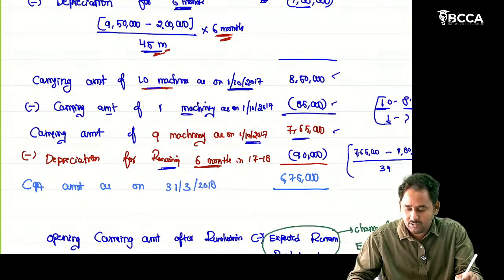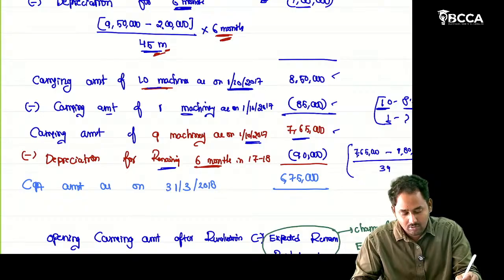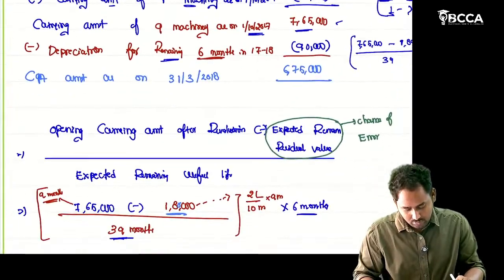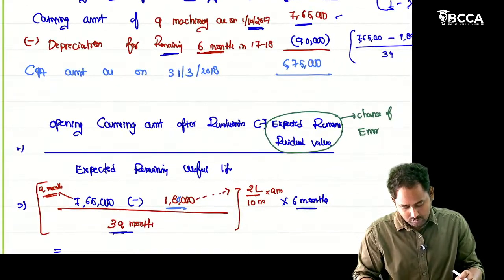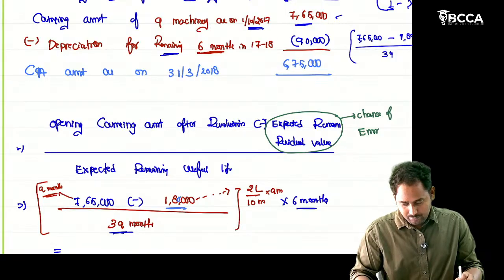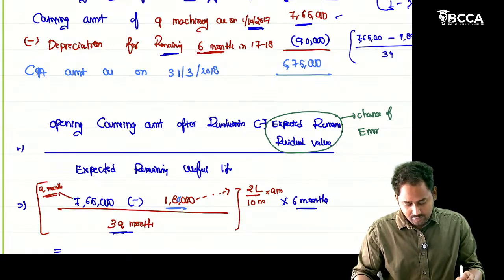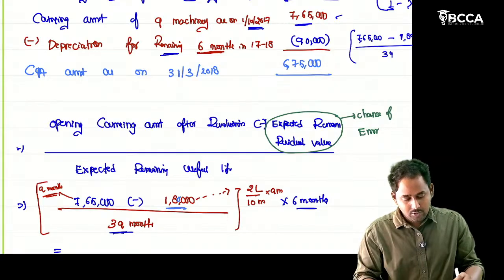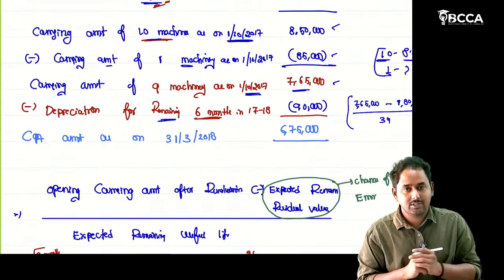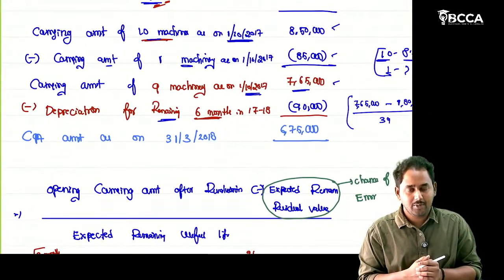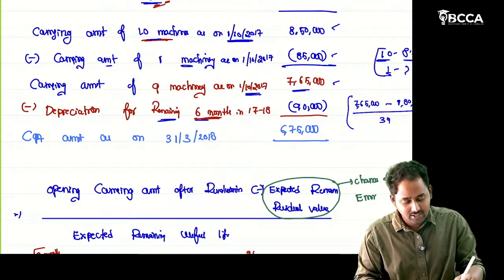So 7,65,000 minus 1,80,000 divided by 39. It is a depreciation per annum, but I need depreciation for 6 months, right? So into 12 divided by 6.